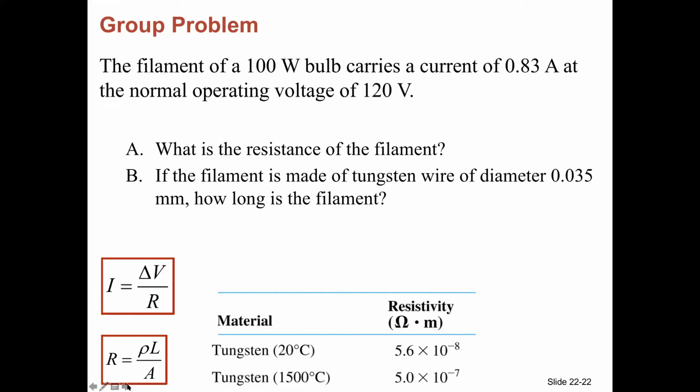All right, so if we want to get the resistance, it is going to be delta V divided by I, which is equal to about 145 ohms all around.